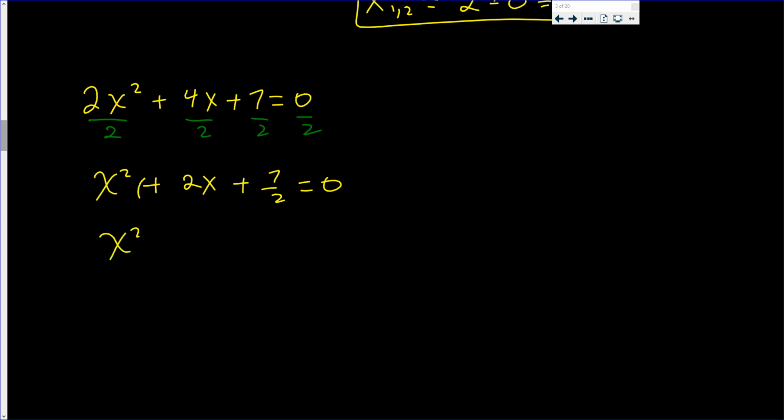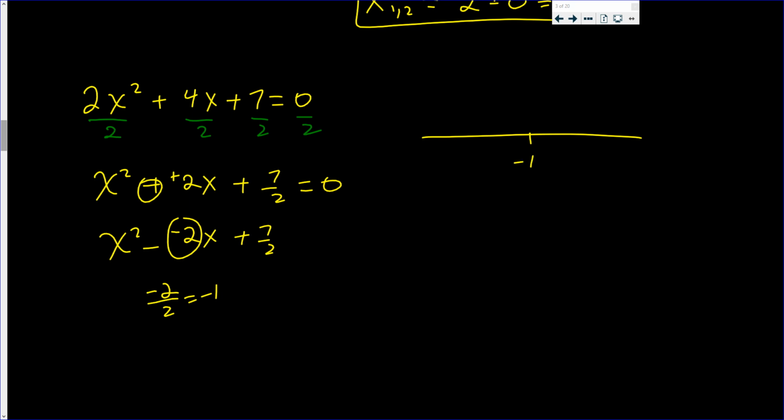And you change it to subtraction, and you change the sign of that understood positive 2x to negative 2x plus 7 over 2. So that's the sum. Well, if you take negative 2 and you divide it by 2, you get negative 1. That means the average is negative 1.